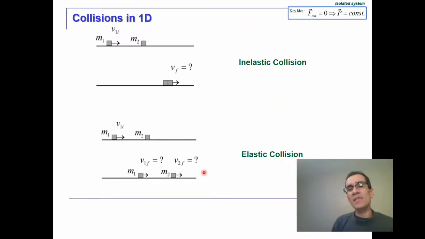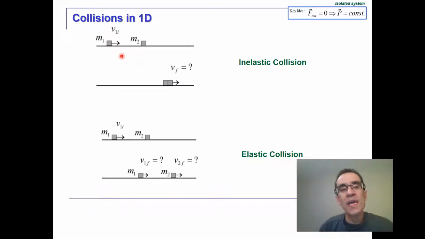We can apply these ideas to the notion of collisions. We studied the case of a completely inelastic collision. Inelastic collisions are those in which the mechanical energy is not conserved.